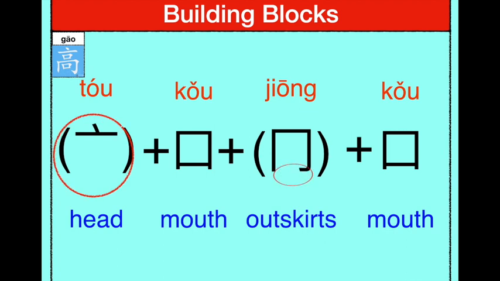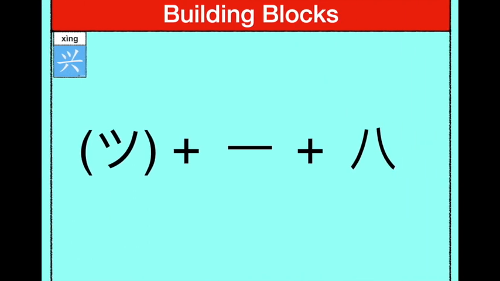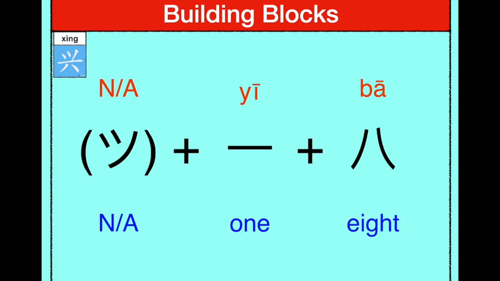The parts with parentheses means they are only used as radicals. They are not words themselves. There are 3 parts of 兴. No meaning. Same. This part is only used as radical. It's not a word itself.